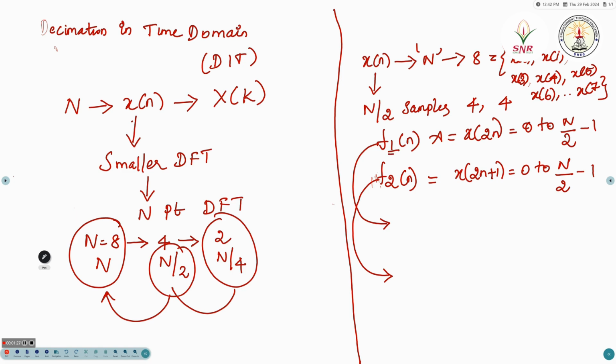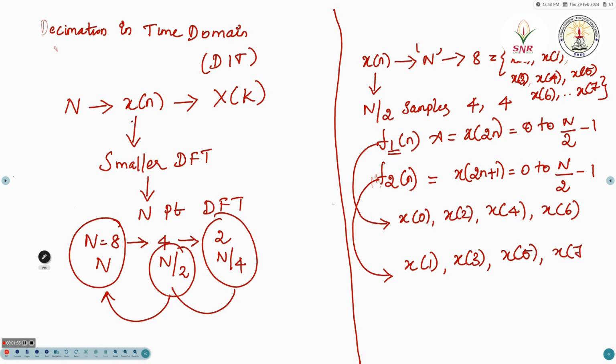In these 8 samples, f1 of n indicates the even samples present in x of n, which are x of 0, x of 2, x of 4 and x of 6. Similarly, f2 of n indicates the odd samples present in x of n, which are x of 1, x of 3, x of 5 and x of 7. So f1 of n indicates the even components and f2 of n indicates the odd components.